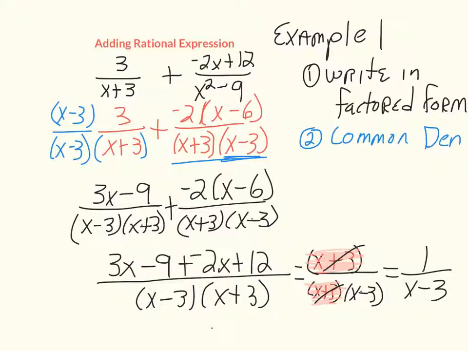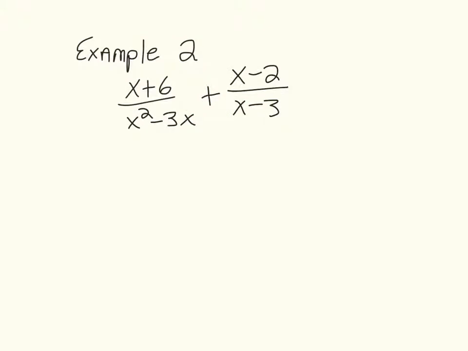The second example, if we go back here, x cannot equal 3 or a negative 3. Is x plus 6 over x squared minus 3x plus x minus 2 over x minus 3. Again, first step is to write everything so that it's factored form.